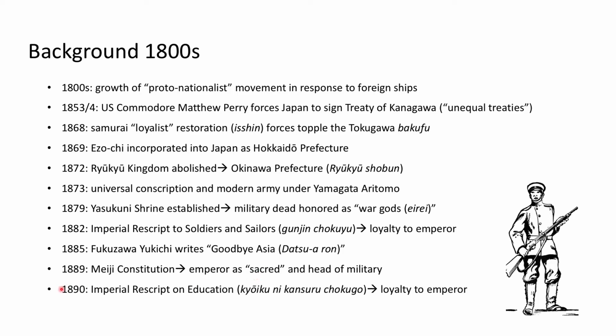In 1890, the imperial rescript on education, Kyoiku ni Kansuru Chokugo, was issued. This as well emphasized loyalty to the emperor, as well as the idea of a family state, kazoku kokka, wherein the citizens, or shinmin at this time, so subjects of the Japanese Empire, were described as children in the family, and the emperor was described as the father.